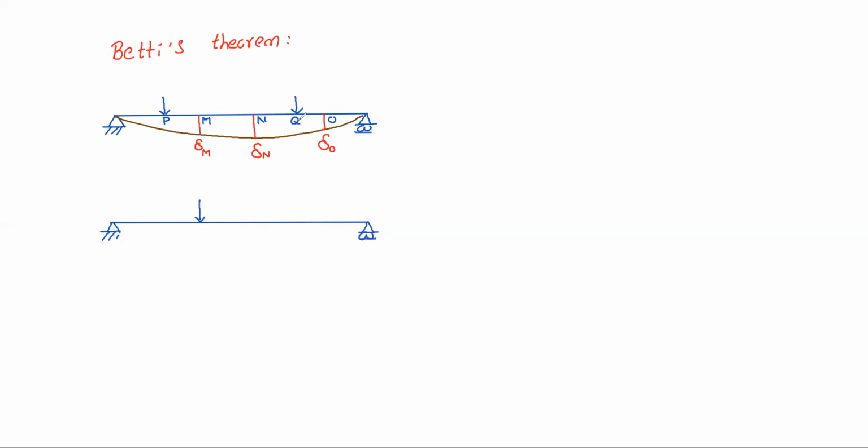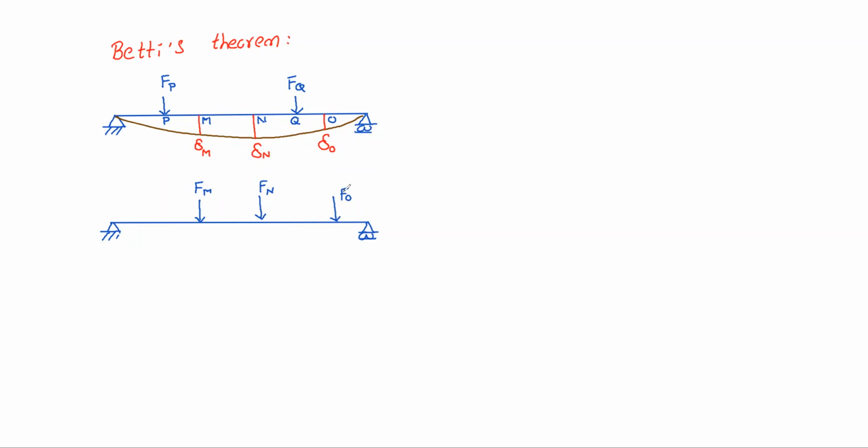Load I will keep here, F1 force, or force at P, force at Q. I will keep like this. And here force at M, here force at N, here force at O. I'll put, okay.